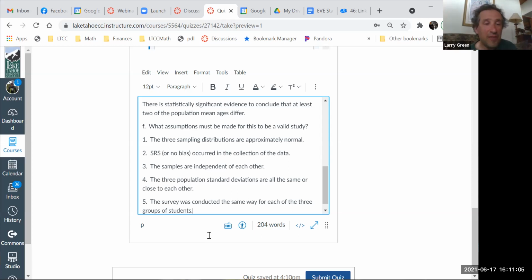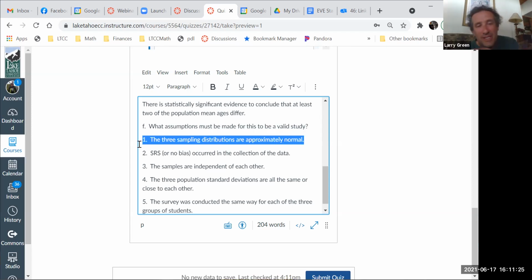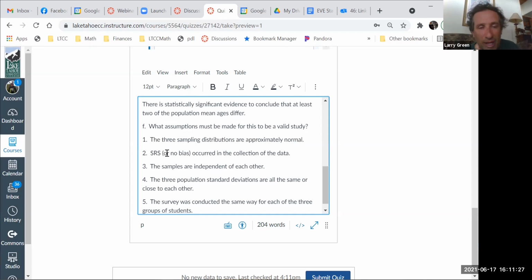Okay, and as I mentioned, we're not getting deep into these, like how do you decide if they're right and stuff like that, especially the standard deviation one, because that one we have no idea. That one you need some advanced stats. Approximately normal, you basically need a sample size over 30 for each of them, and that's hard to do. Simple random sampling, no bias, that we know how to do because that was your project one, had to kind of deal with no bias or eliminating bias, some bias at least.